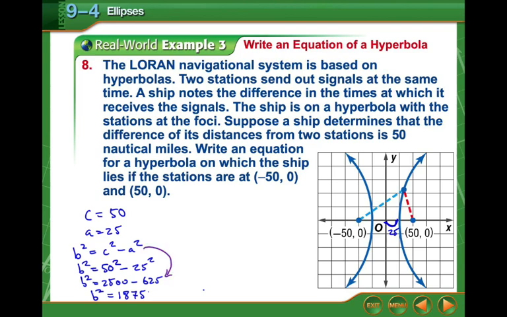So our equation, again, it's centered at the origin. Once again, this one is horizontal, so we're going to start with x. So x squared over a squared, so 625, minus y squared over 1,875, or b squared, is equal to 1. And there is the equation for this one.